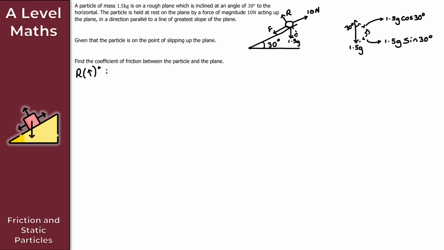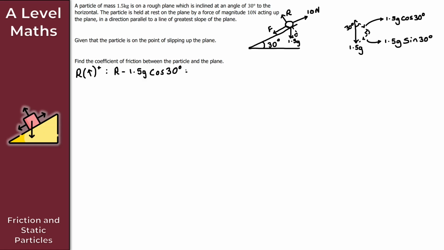Well, we just have this single force R acting upwards perpendicular to the plane. Now considering what forces are acting downwards perpendicular to the plane, that would just be this component of 1.5 g cos of 30 degrees. And because that's acting in the opposite direction, that would be negative. So we get R minus 1.5 g cos of 30 degrees.